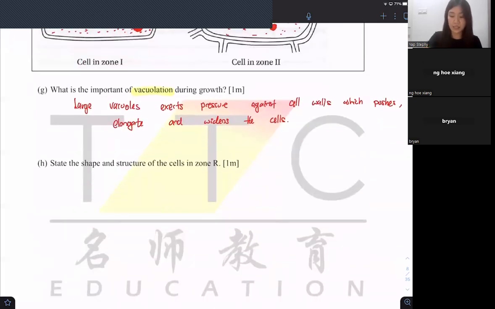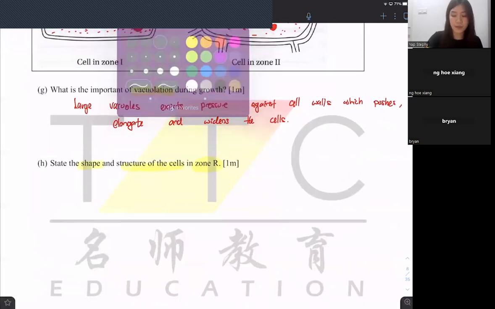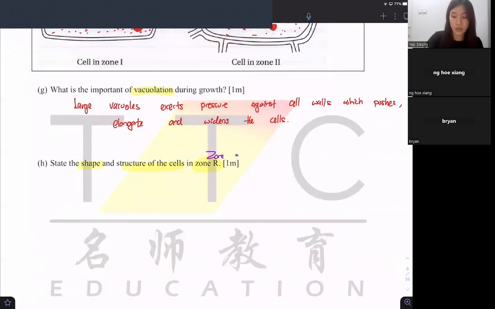Next, state the shape and the structure of the cell in zone R. So you have to label it here. Zone R is the zone of cell specialization, cell differentiation. So the shape and characteristics are all specific, so they can carry out specific functions.